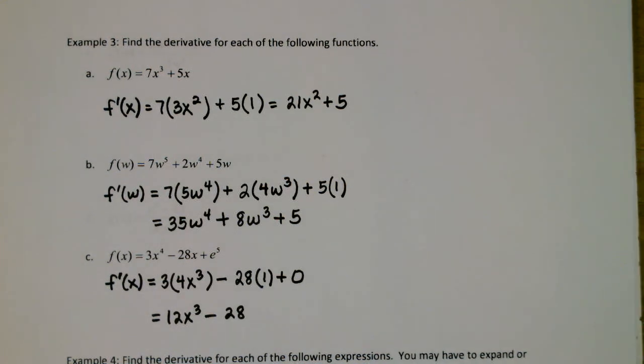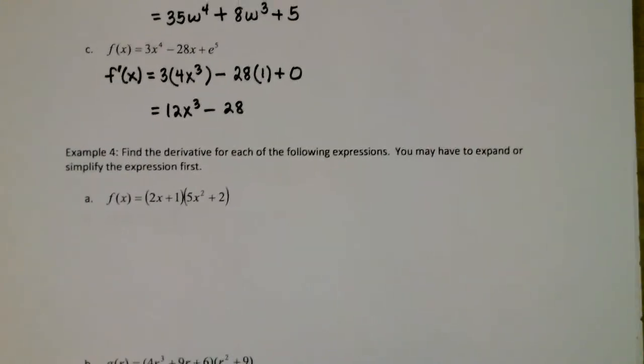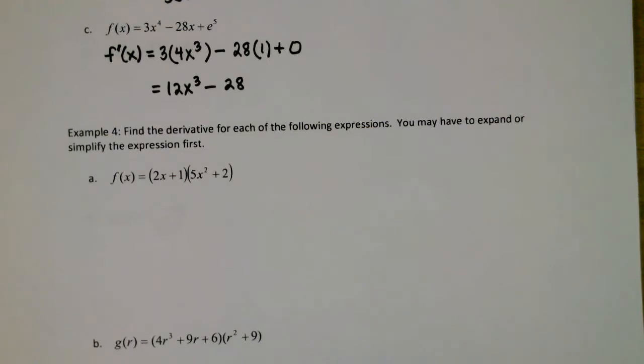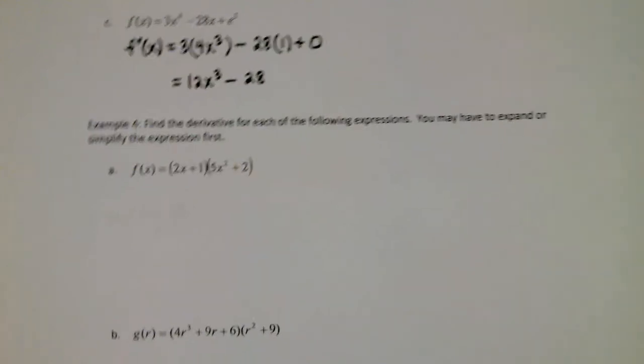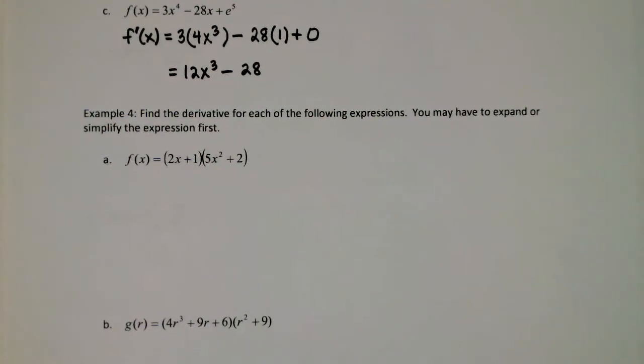All right, now let's look at these next few examples that I have here. In this case, we're going to have to simplify products and quotients before we take our derivatives. Like in example 4. Find the derivative of each of the following expressions.